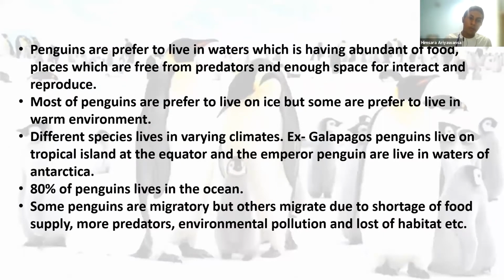Penguins prefer to live in waters which have abundant food, places which are free from predators, and enough space to interact and reproduce. So penguins need food to live, right?